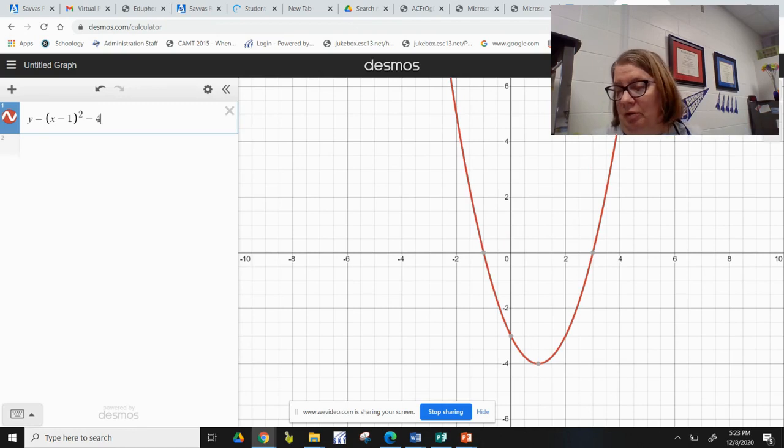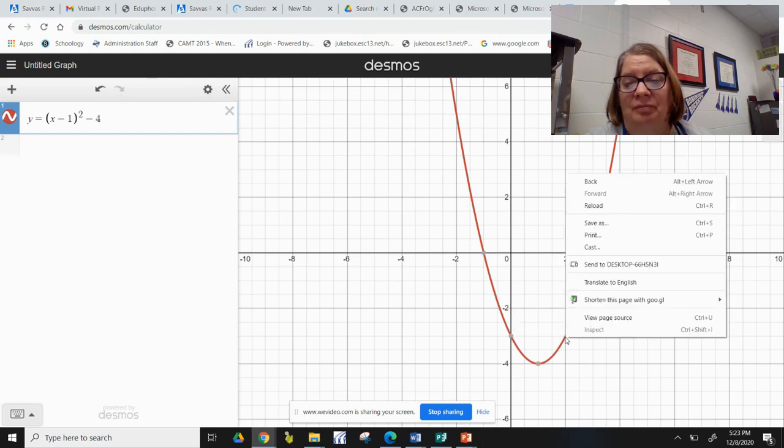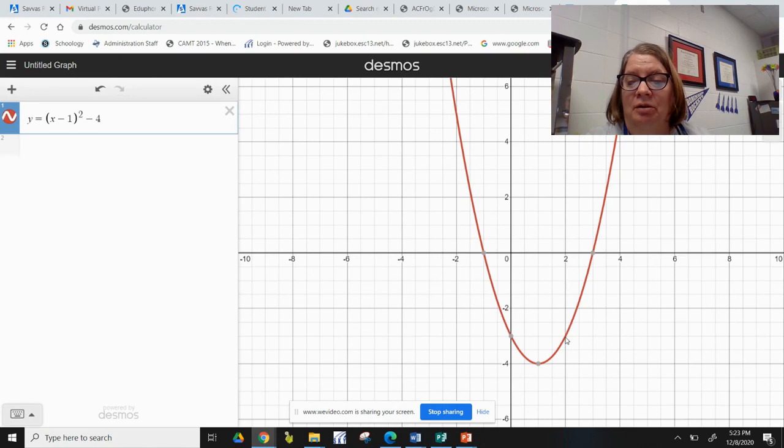Okay, so what did we learn a while ago? When we did H, K, we said that the vertex was 1, negative 4. There's that. The y-intercept is 0, negative 3. The point symmetric to the y-intercept is, click on that point, and you have 2, negative 3. There's the point symmetric to the y-intercept.